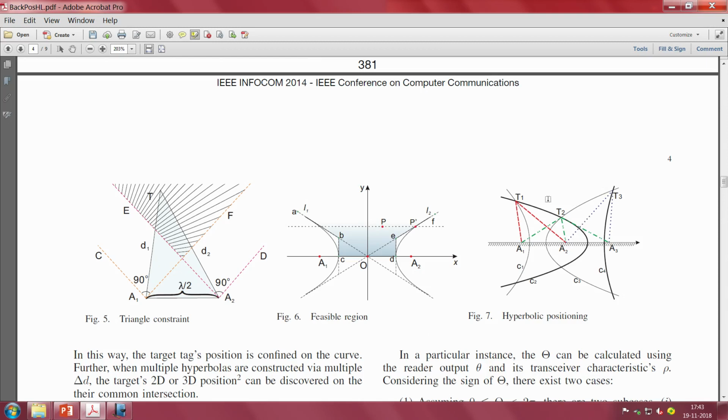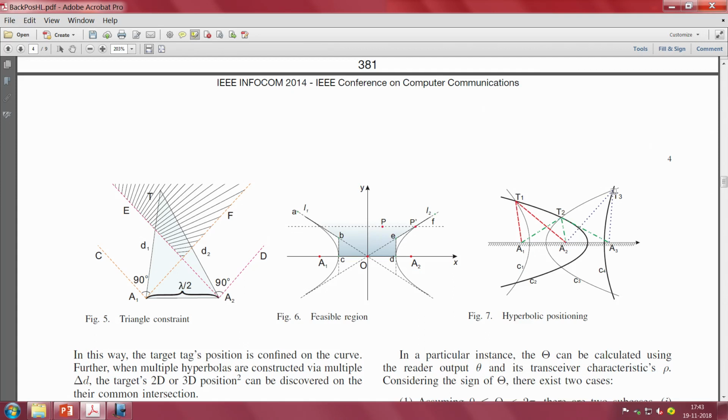So you go to the next A4 position and so on and so forth, and then you realize that the tag itself can be anywhere in these positions, can either be in T1, can be in T2 or can be in T3.